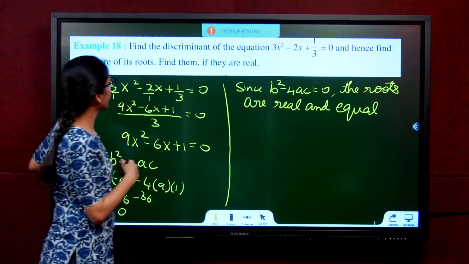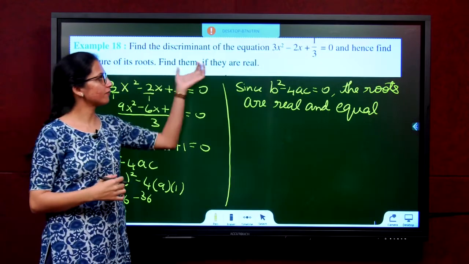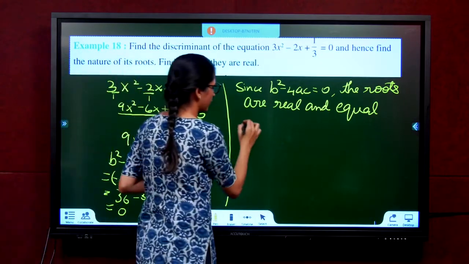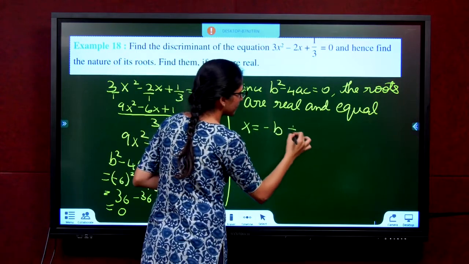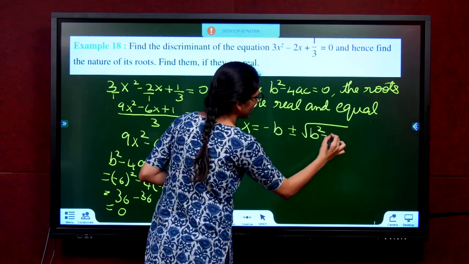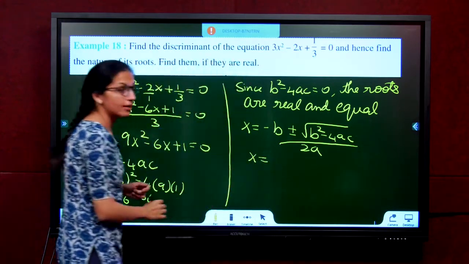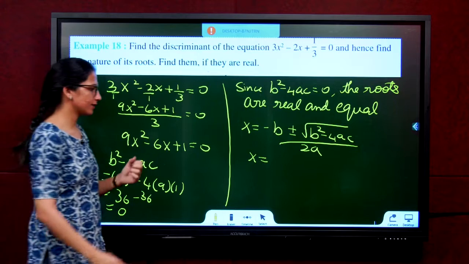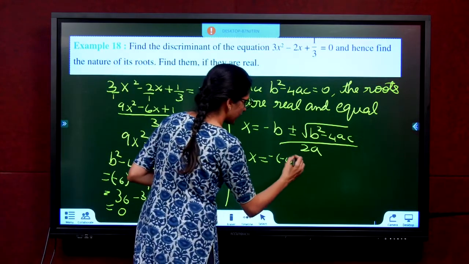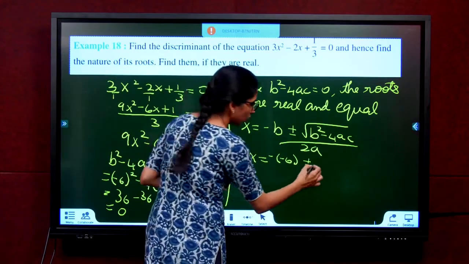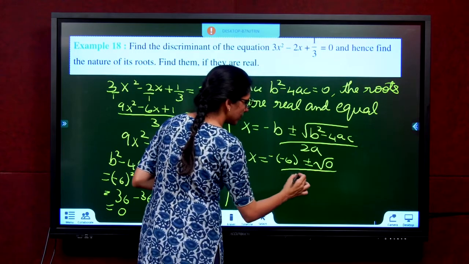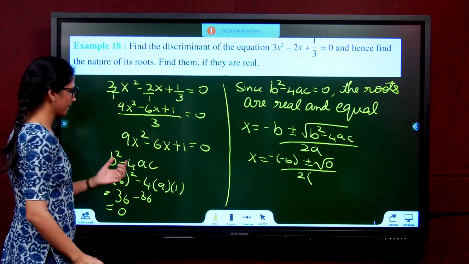Next, now since they are real, if they are, find them. So we find them. x equals minus b plus or minus root of b square minus 4ac by 2a. x equals minus b, minus of minus 6, plus or minus root 0 by 2 into a. What is a? 9.